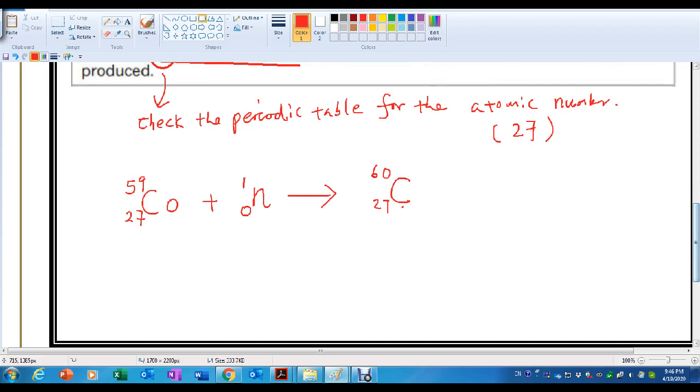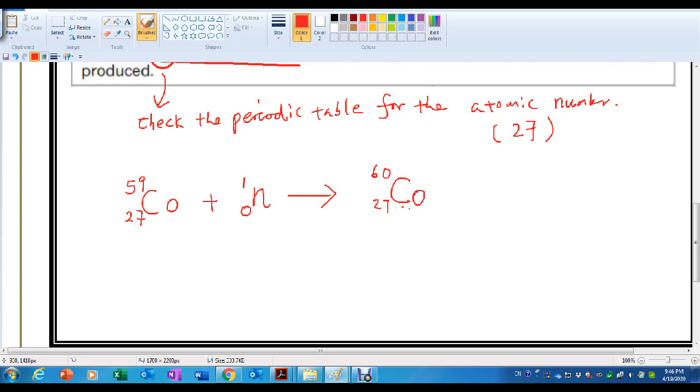But the problem is, in the reactants, not only do you have cobalt-59, you also have a neutron. So where is the neutron? The neutron is gone. So you might say that since the neutron's gone, part of the reactants has changed, although cobalt is still cobalt.